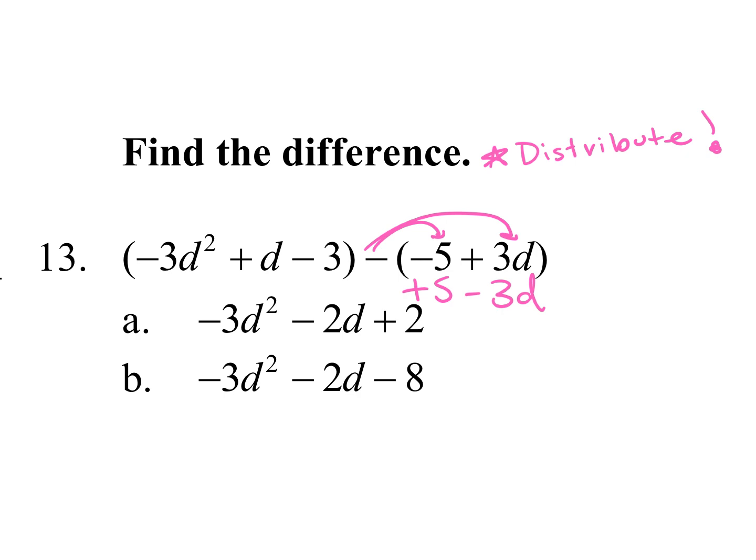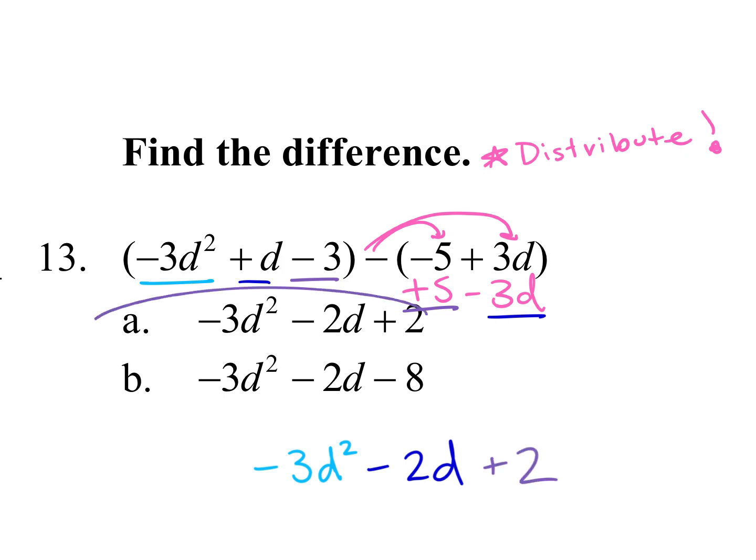And then just like before, we combine our like terms. So I start with my squared. I don't have any like terms with that, so it's just minus 3d squared. Then the d's. So d minus 3d would be what? Negative 2d. And then the constants. So negative 3 plus 5 would be plus 2. And that matches answer choice A.